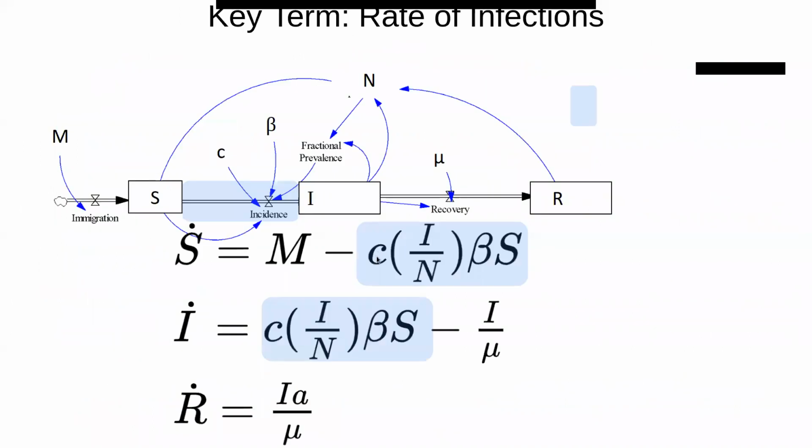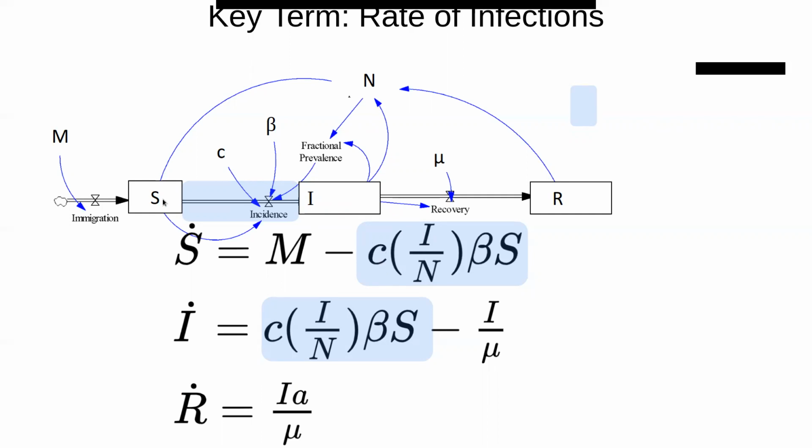So C by itself, let's suppose each susceptible has contacts with 10 people per day, right? And let's suppose half the population is infective. We have a total population maybe of 1,000, and of them 500 are infected, God forbid. Then I over N is 0.5.